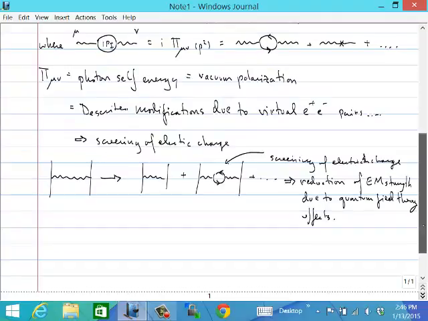Okay. And so what I'd like to do now is just describe in a little bit more detail exactly what we would expect the answer to look like before actually computing the answer. So what do we expect this tensor pi mu nu to look like? So the first thing to notice is that pi mu nu is a function of the momentum of the photon. So if this is an incoming photon with momentum p, then pi mu nu should be a function of that momentum p.